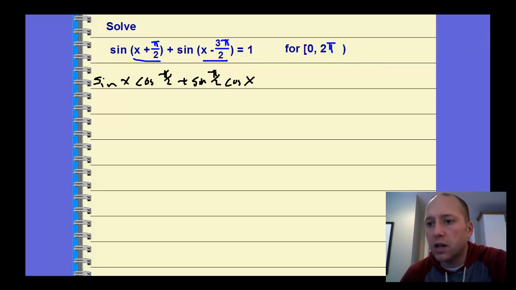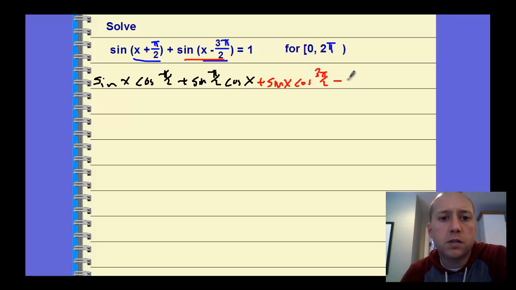And then we're going to do it again for the other one. So I'm going to add, and then expanding that is sine x cosine 3 pi halves minus sine 3 pi halves cosine x. And this still equals 1.